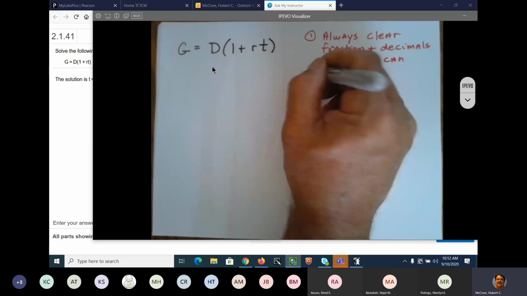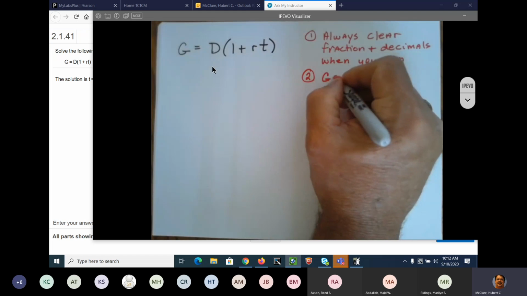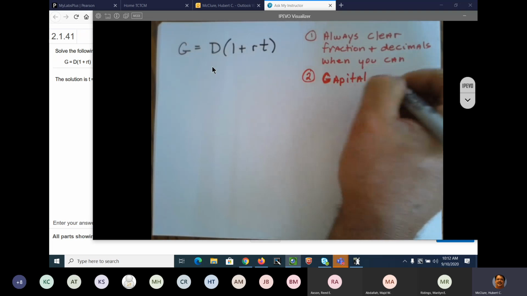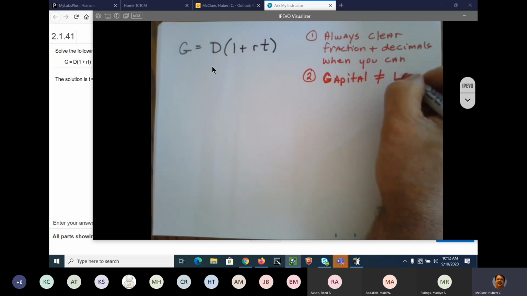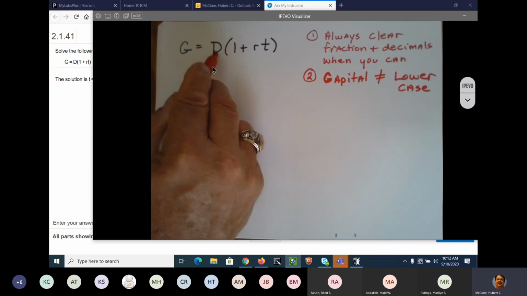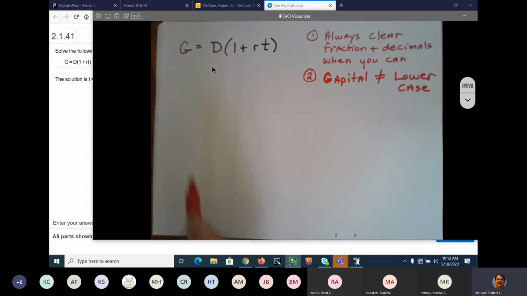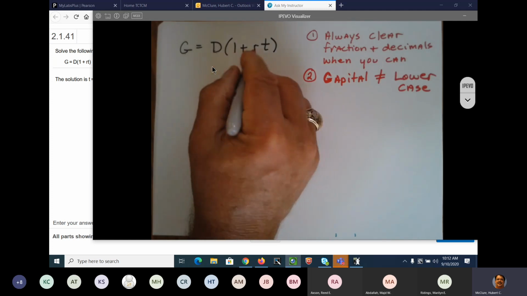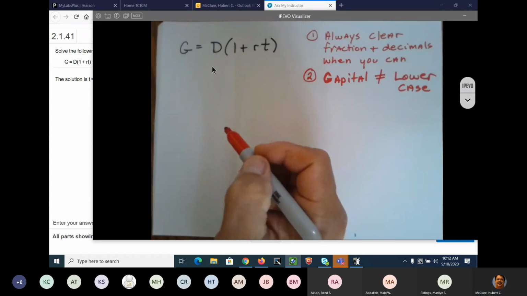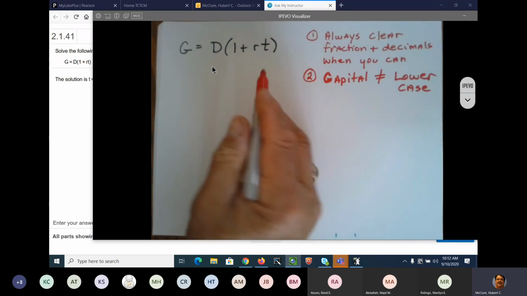Number 2, capital letters do not equal lowercase. And you should know that from your high school science classes. I would never change this D into a lowercase d. I would never change this uppercase G to a lowercase g, and I would not change that r to a capital R or that t to a capital T. Because in science, little t means what?